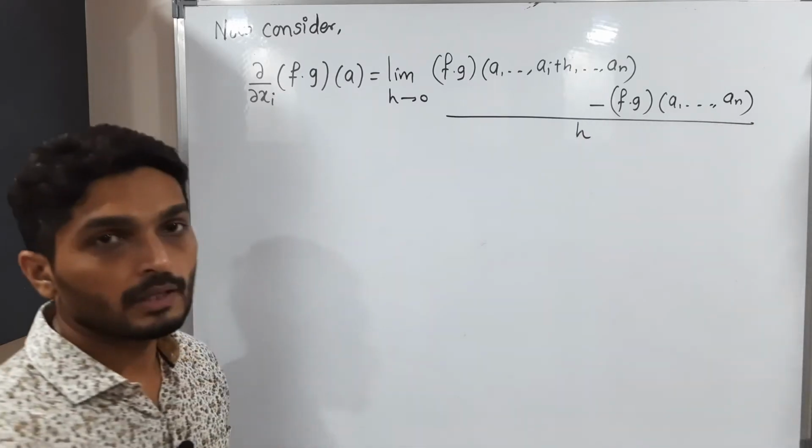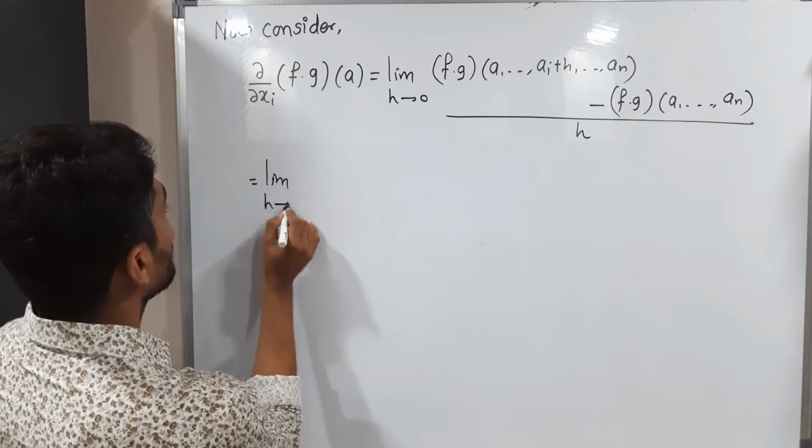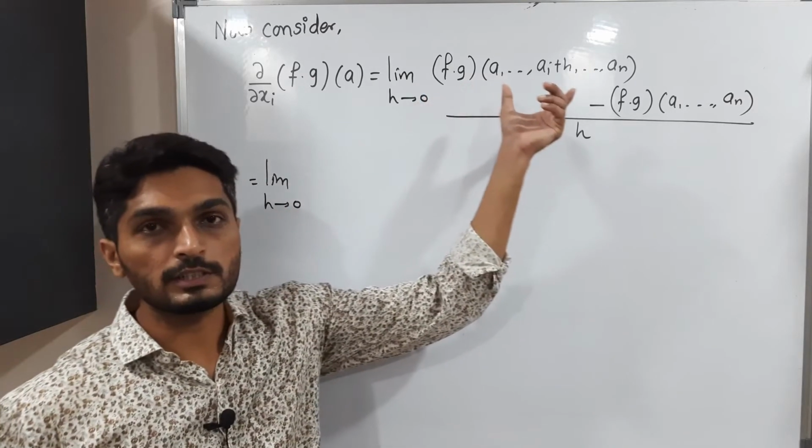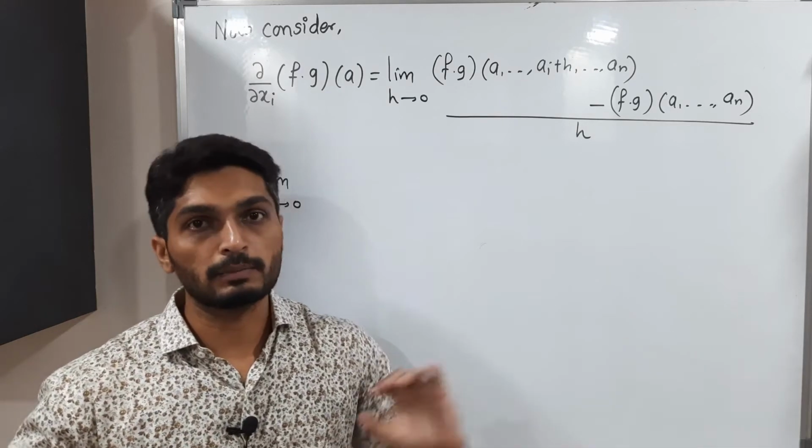h. So this is equal to limit h tends to 0, f into g of this bracket, that means f of that bracket into g of that bracket.